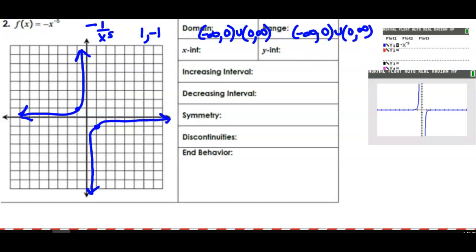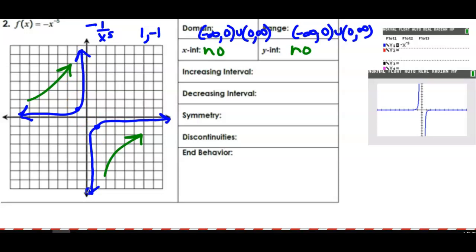All right. It has no y-intercept or x-intercept. This branch is going up. This branch is also going up. Guys, if you were to trace out here, you'd get like 0.0001, 0.0002, 0.0003. It's getting bigger and bigger, and then it goes up towards infinity.